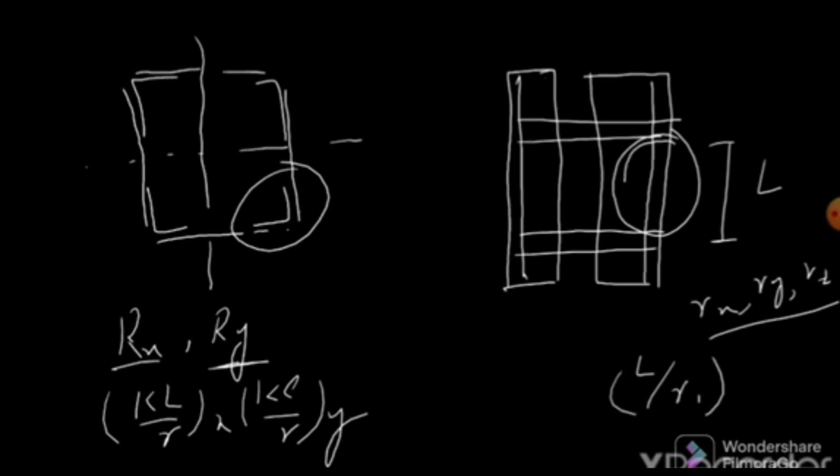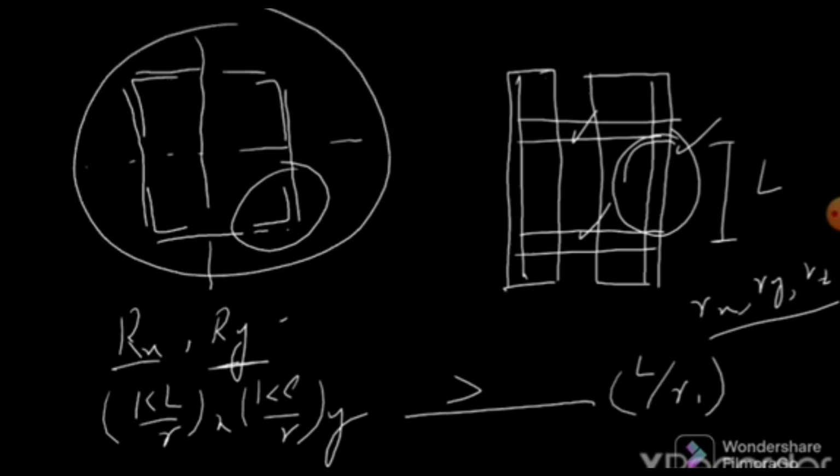So the slenderness ratio of this individual member should be less than the governing value out of these two slenderness ratios. So we need to design these tie plates or lacing elements, or these shear connectors, in such a way that the slenderness ratio of this individual member is less than the governing slenderness ratio of the overall section.